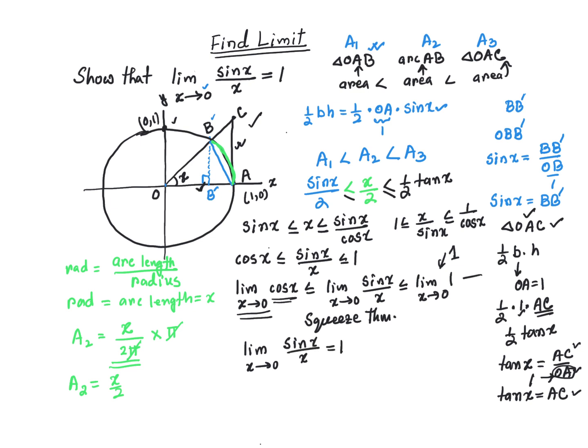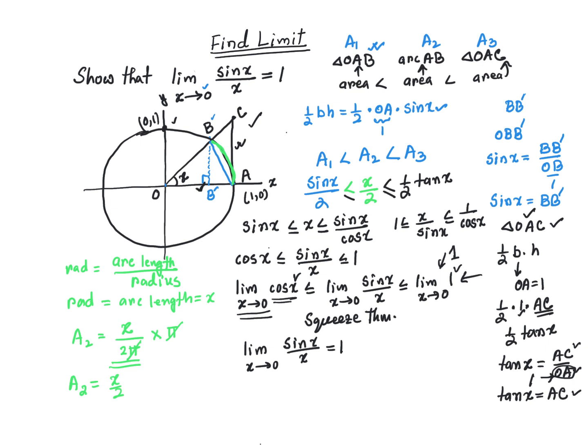So this is the critical argument here. Using the squeeze theorem, the right limit is exactly 1, and the left limit is also 1. So whatever is in between is going to get squeezed or sandwiched, and the limit of sine of x over x as x approaches 0 must be 1. It cannot be anything else.